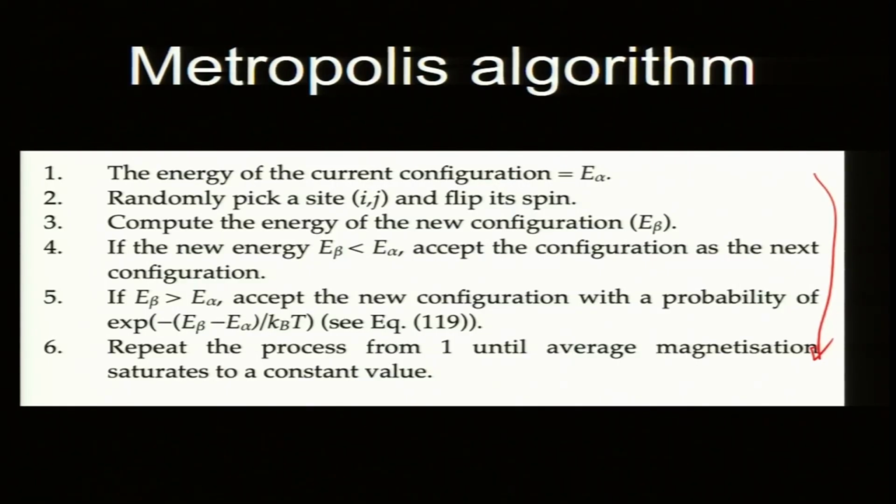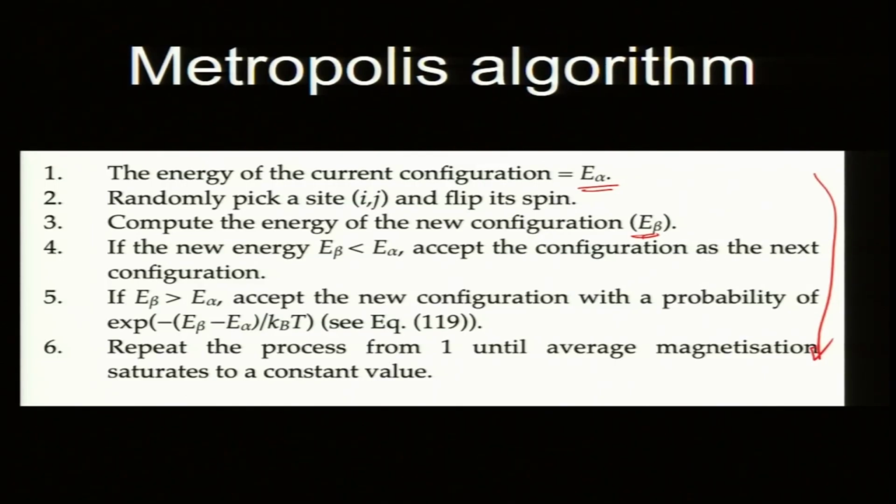So, start with some configuration, whose energy is E alpha. Then randomly pick a site i, j and flip its spin. You get a new configuration whose energy is E beta. If E beta is less than E alpha, accept the configuration; that is the next configuration.